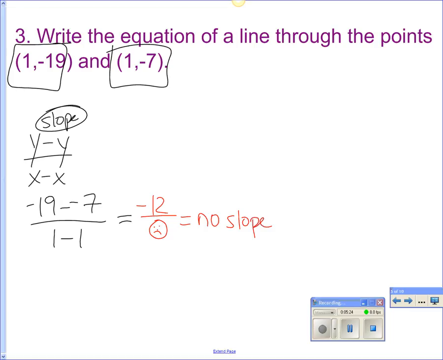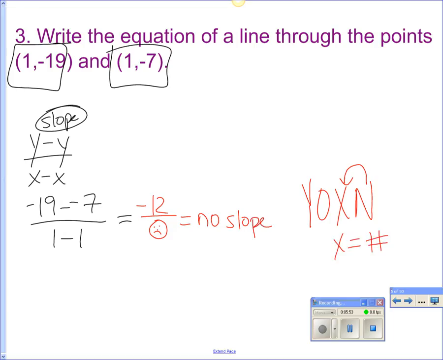All right. When I get no slope, what does that mean? When you get zero slope or no slope, what, Tamara? Whenever you get zero slope or no slope, you use this to help you finish it. So no slope is going to be x equals a number.